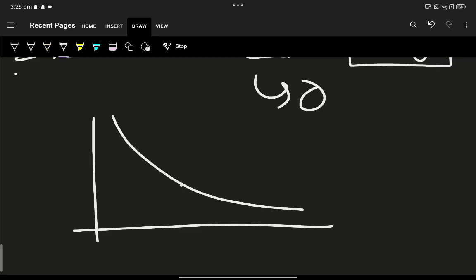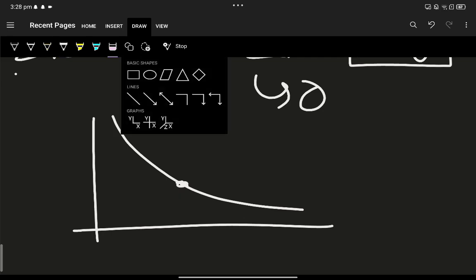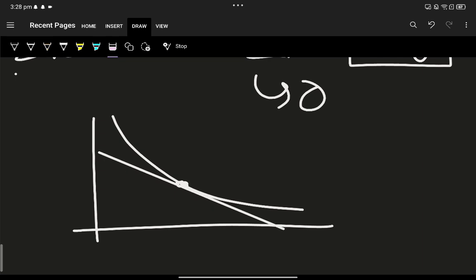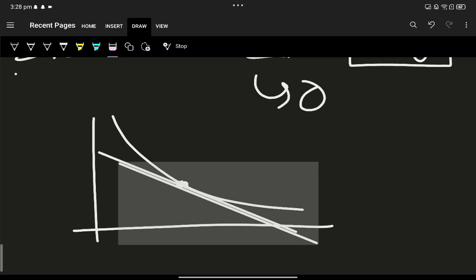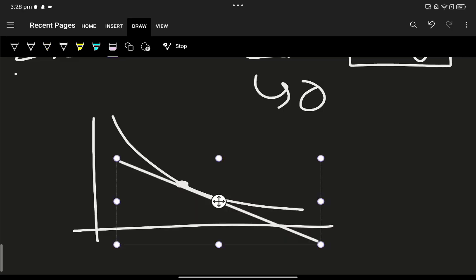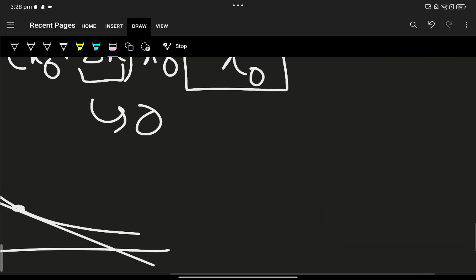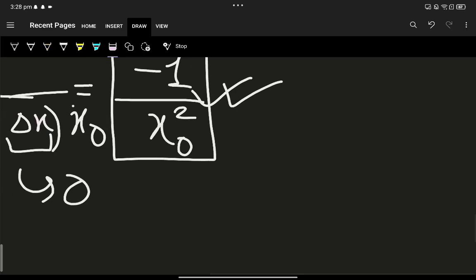And if you find the slope, the tangent line will be something like this, as you can see right over here, right? And that's why, you can see the slope is negative, and that's why the derivative that we have found over here is negative. So it will be minus, and if I simplify it, it will be minus x raised to -2.